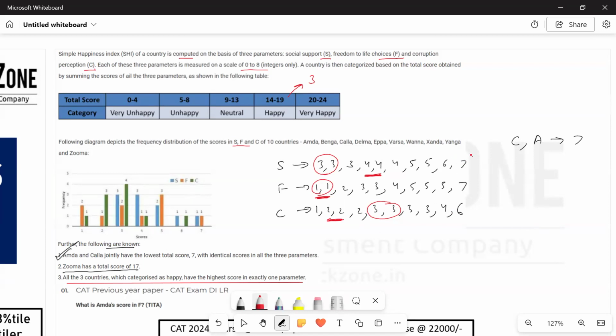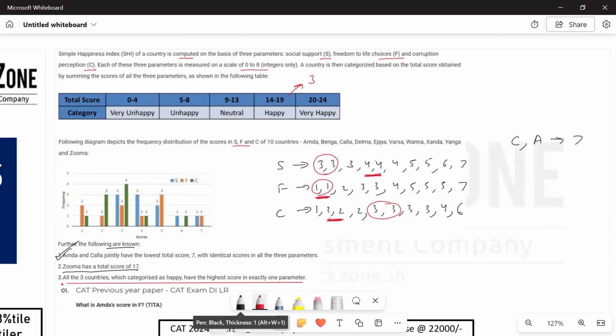So the one we discussed right now, 7, 7, 6, which is the maximum possible value, we calculated to be 20. It is not possible because the maximum highest score one country can have is only one.